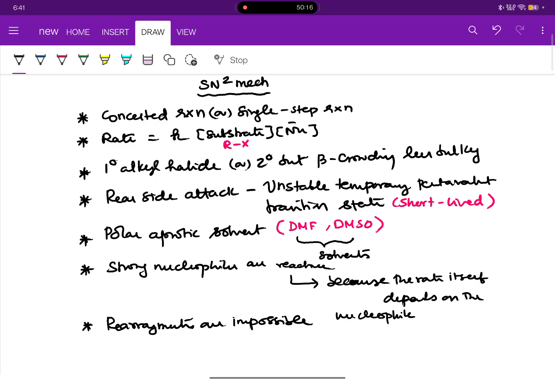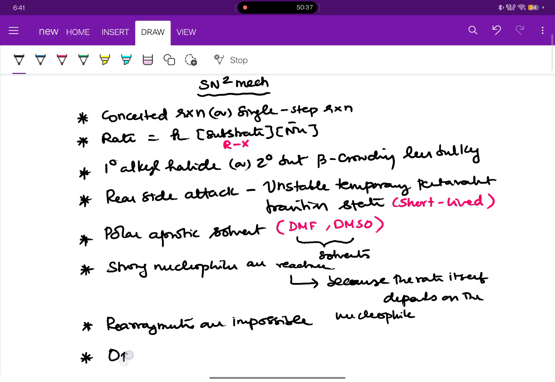Such isolable intermediates are very rare in the case of SN2 mechanism, because it forms a temporary, unstable, pentavalent, short-lived transition state. So rearrangements are impossible. What is the last point?